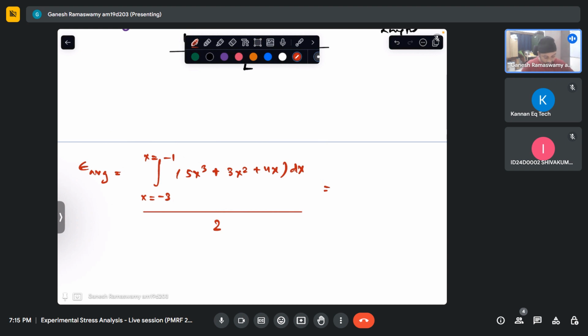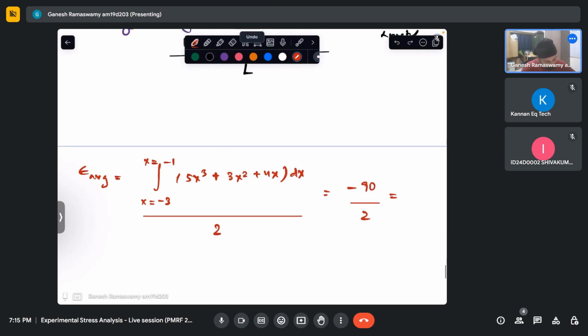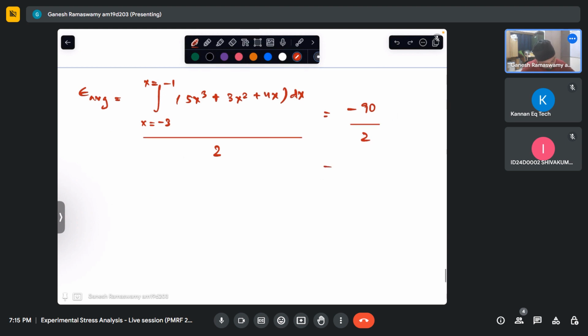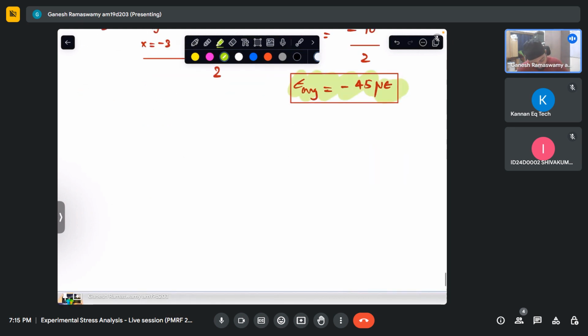So this comes out to be minus 90 by 2, which is minus 45 microstrain, the average strain. And what did we see? Initially it was 56.25, while the actual value was minus 36. Now we have gotten a little closer to the actual value. So we have been able to reduce the error.